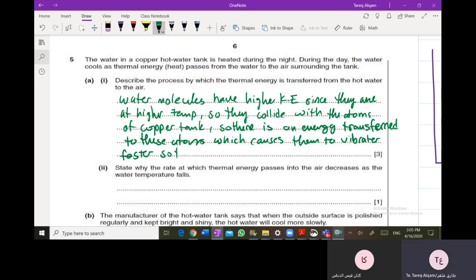Therefore their neighbors vibrate faster as well.